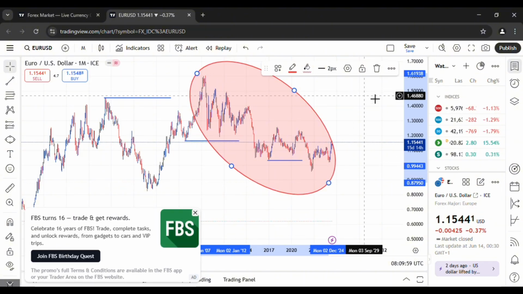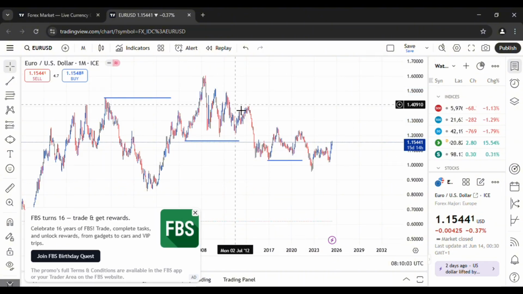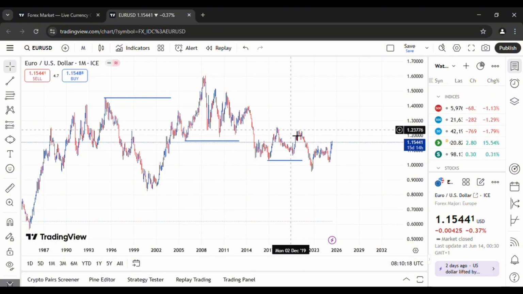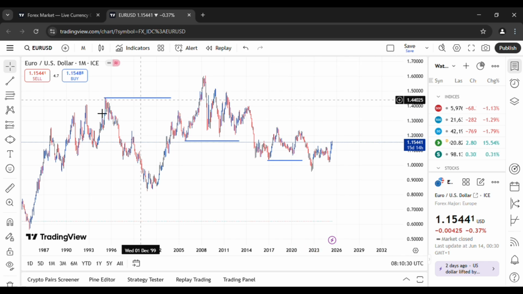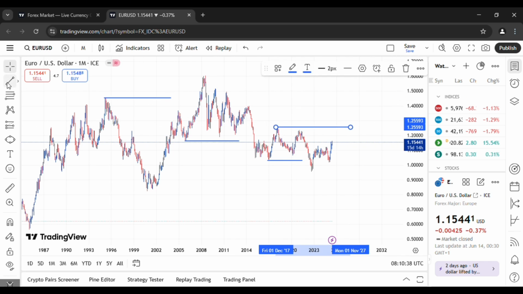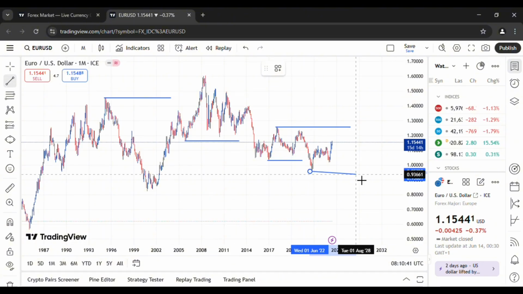But at the moment you can see that on a lower time frame, this monthly, price has been creating lower low and lower high. So now we are in this particular range on the monthly time frame.